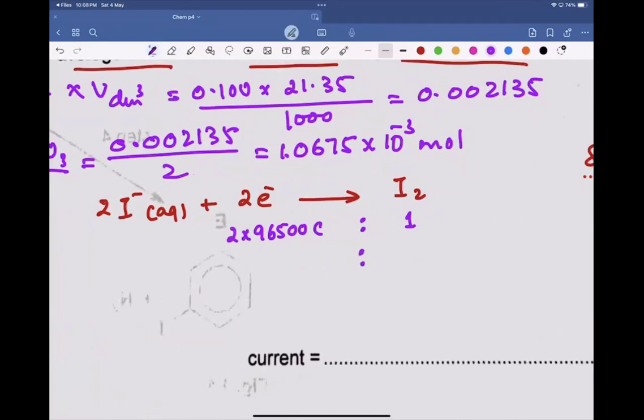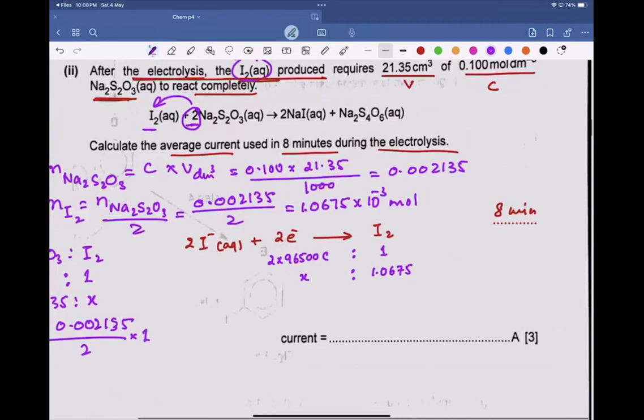So, if these moles of iodine are formed, then how much coulomb of charge x is passed? So let's calculate the value of x. X is the coulomb when 1.605 × 10^-3 moles are formed. So 2 times 96500 times 1.0675 × 10^-3 divided by 1. Can anyone tell me the value, please?